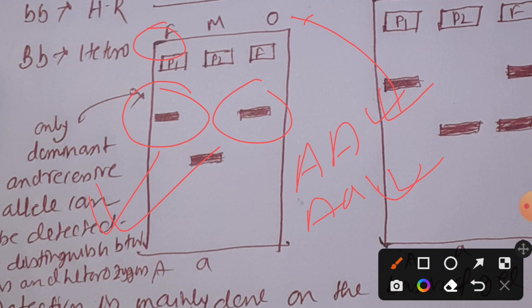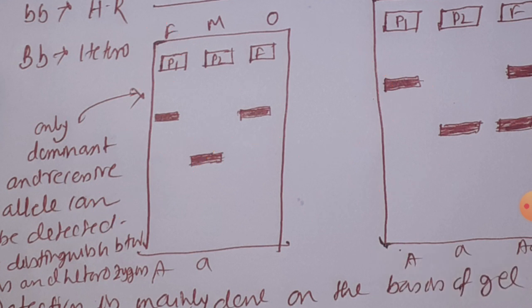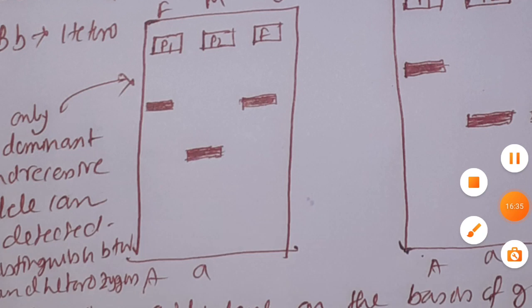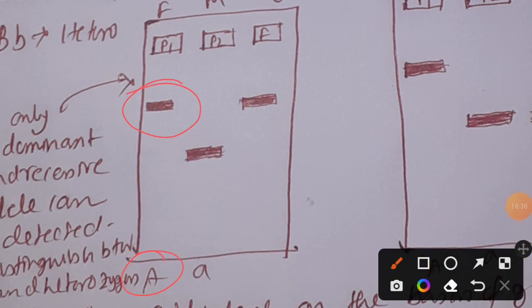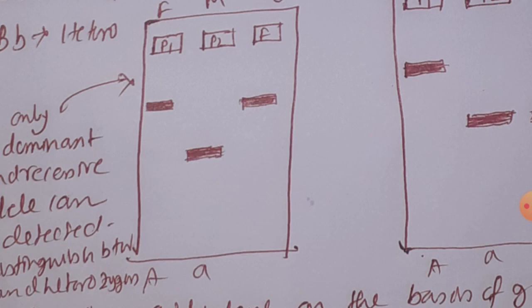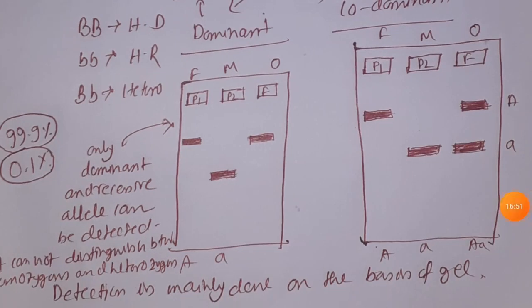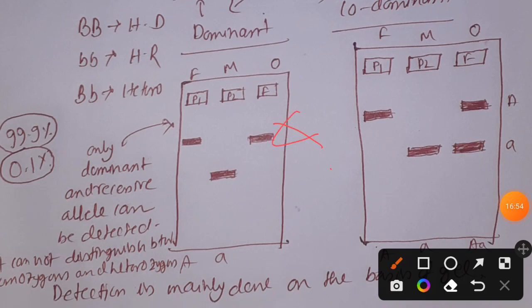Okay, so remember it very carefully: the dominant marker can help you to distinguish between the dominant and recessive allele. Because you can see that the father's allele, which is dominant here, and the mother's allele, which is recessive here, can be easily distinguished, right? But it cannot distinguish whether a particular genotype, let's say here in case of the offspring, is homozygous or heterozygous.